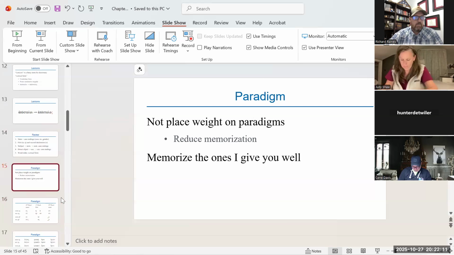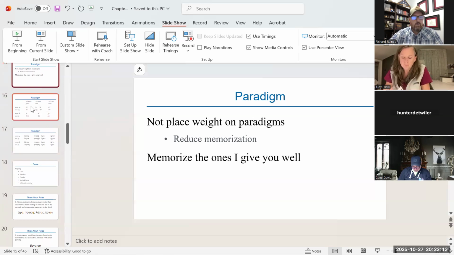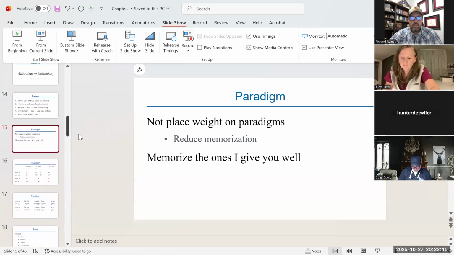We're going to talk about paradigms. If you have your textbook, I want you to go to, actually, I got a better one for you. You guys have this handy? The laminated sheet. Okay.